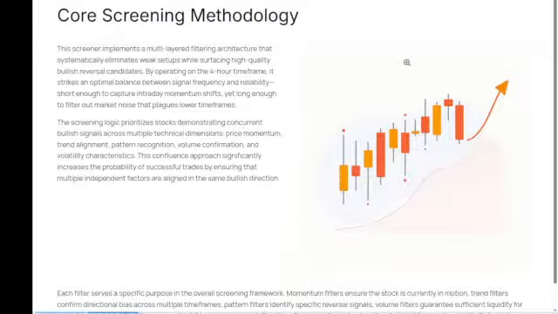So the methodology, the screener implements a multi-layered filtering architecture that systematically eliminates weak setups while surfacing high quality bullish reversal candidates by operating on the 4-hour time frame. It strikes an optimal balance between signal frequency and reliability.